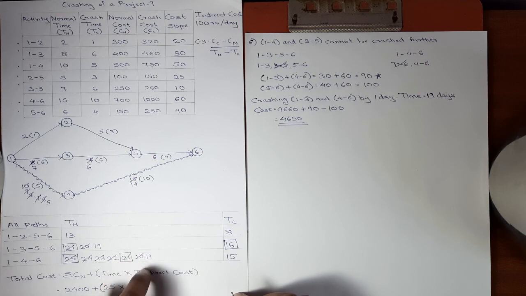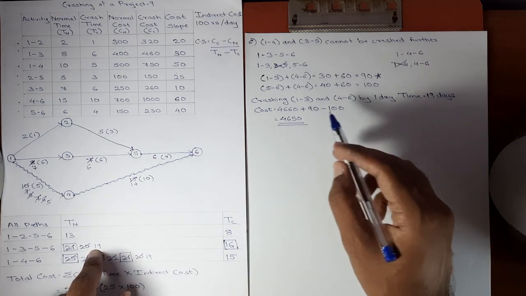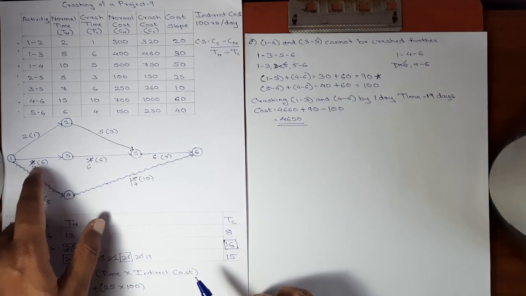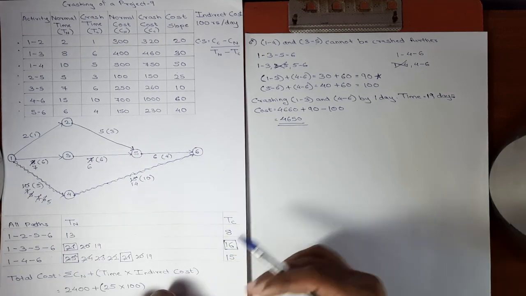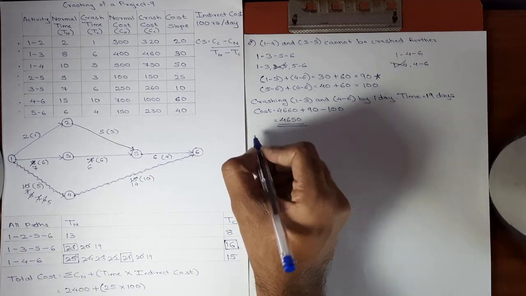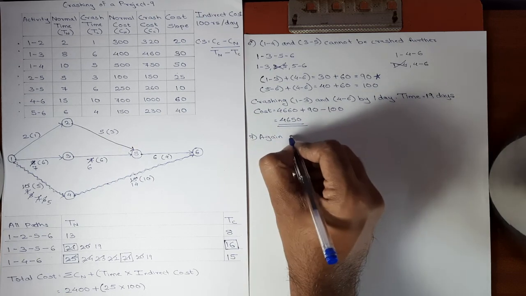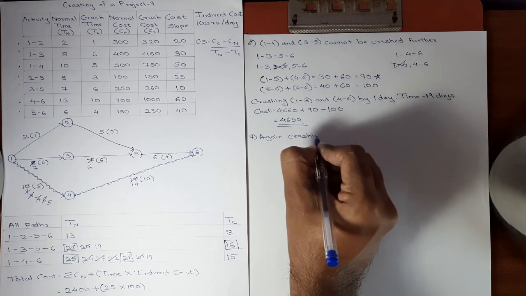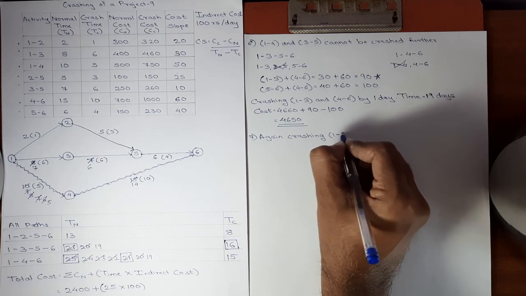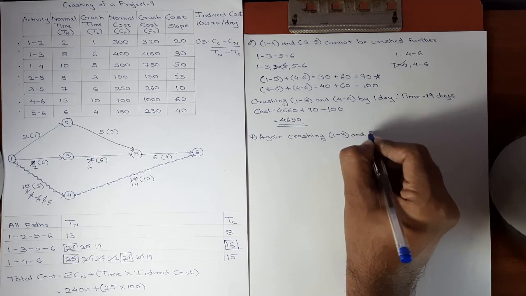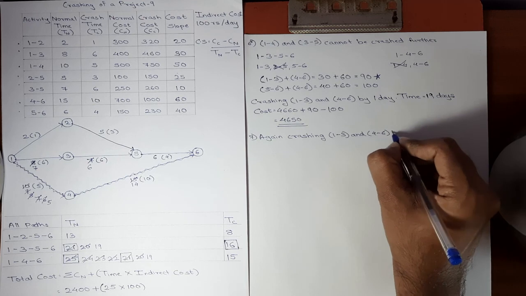Again, the two critical paths are same. The activities which we crashed are not exhausted yet. There is still scope for crashing those two activities. So in our next step, that is step number 7, we will again crash the same activities. So I'll write over here, again crashing activity 1, 3 and 4, 6 by 1 day.